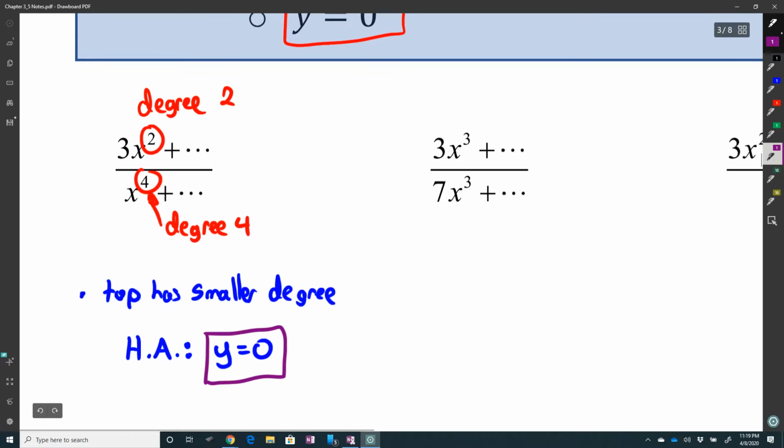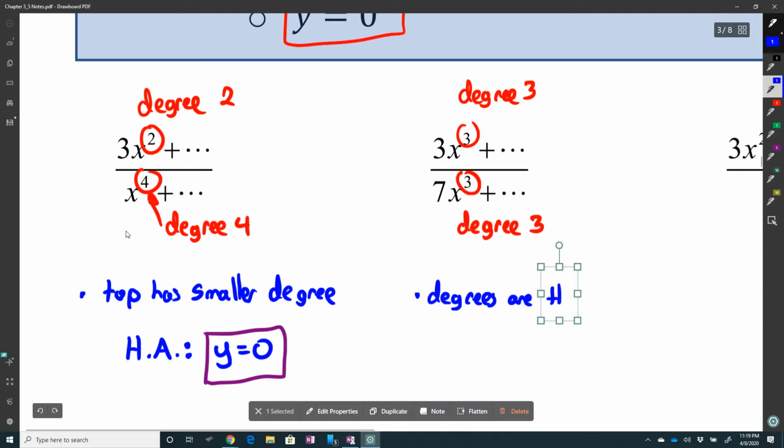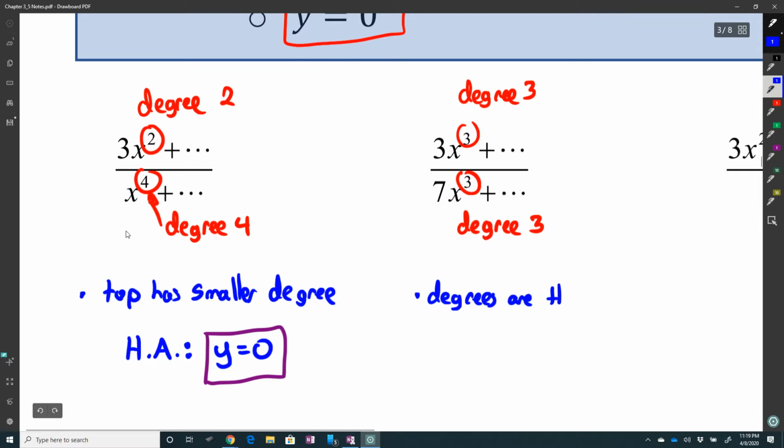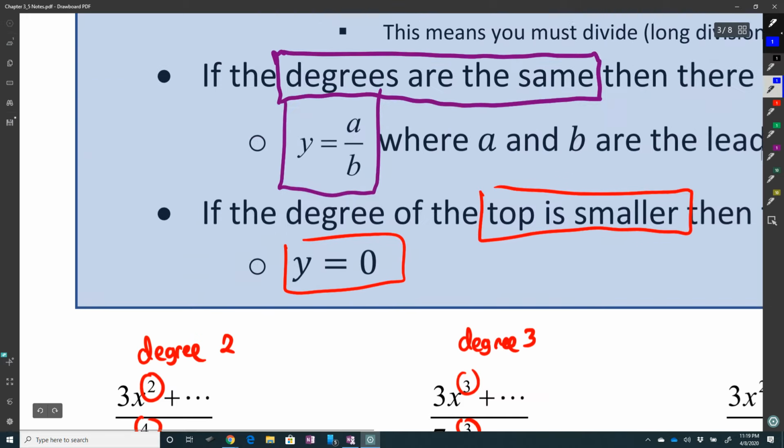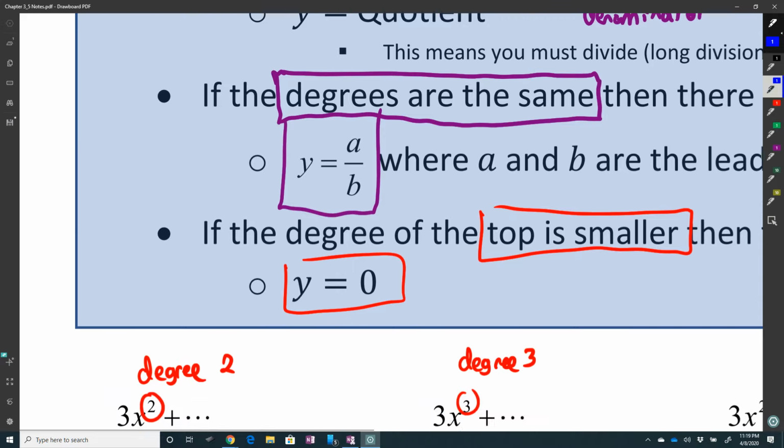I look at this next one, and notice that we have degree 3. We have degree 3. Okay? This means that the degrees are the same. Well, if the degrees are the same, all you do is take the leading coefficients and divide them.